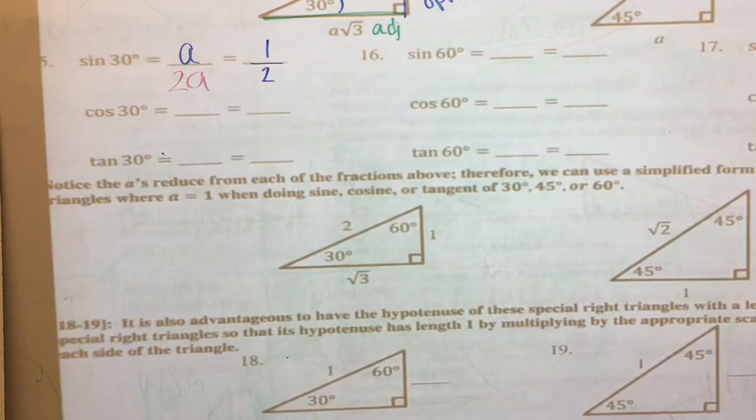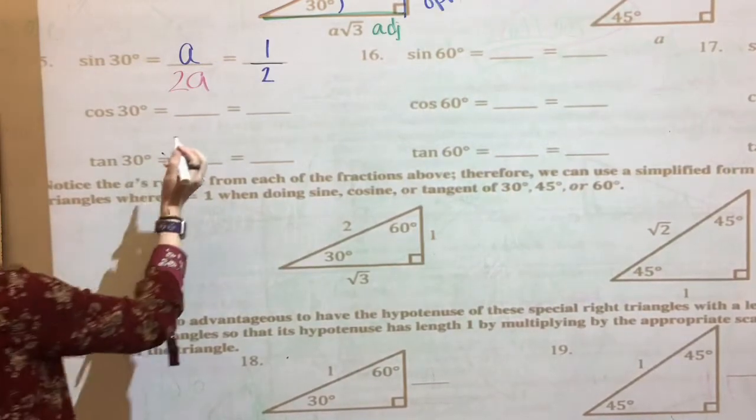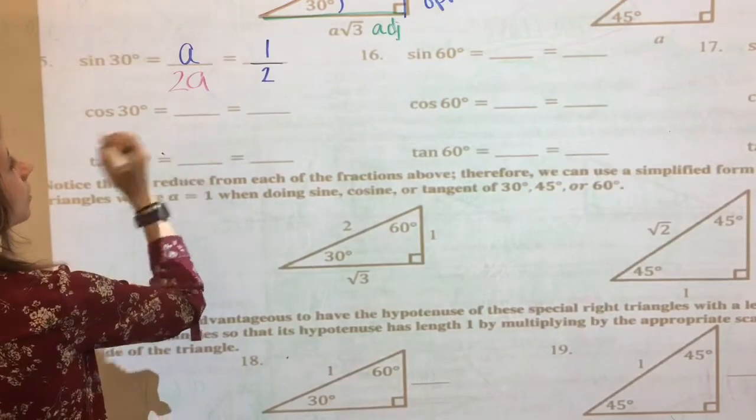Okay? All right, now I need a cosine of 30. Nick, can you help me get that one, please? Cosine 30. Oh, wait, no, A over 2A. Is that right?